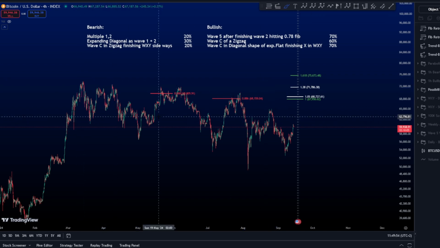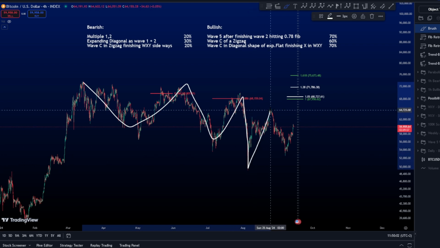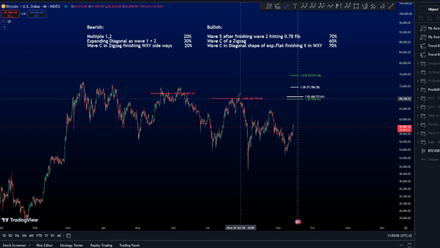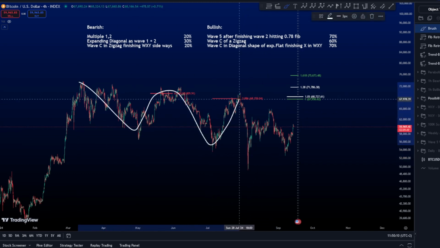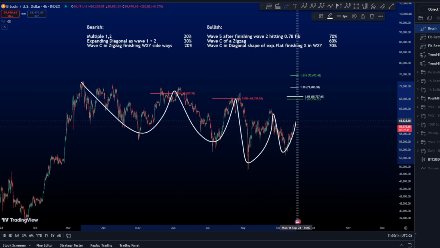Okay, one more time again. Now, of course, this 1, 2, 1, 2 both touch the 886. We still have another 1, 2. Okay, so if I want to take this as a 1, 2, how can I count this? Should I count in 1, 2, 1, 2, 1, 2, and then 1, 2? Okay, so it's too much 1, 2.